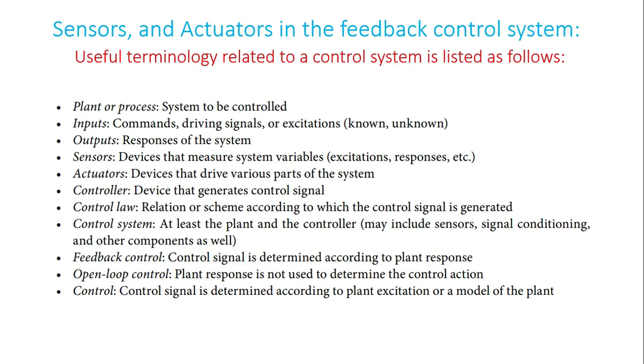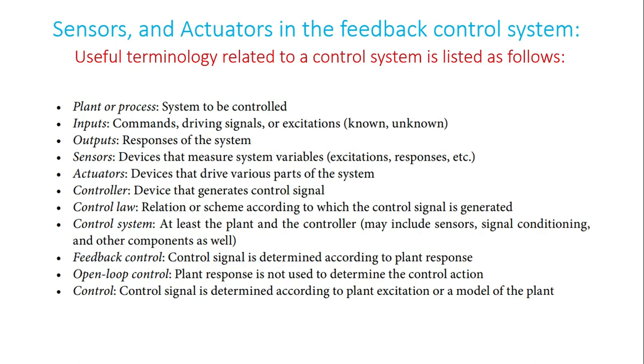Next comes the controller, a device that generates control signals. Next, control law, a relation or a scheme according to which the control signal is generated. Control system, at least the plant and the controller, which may include sensors, signal conditioning and other components as well.